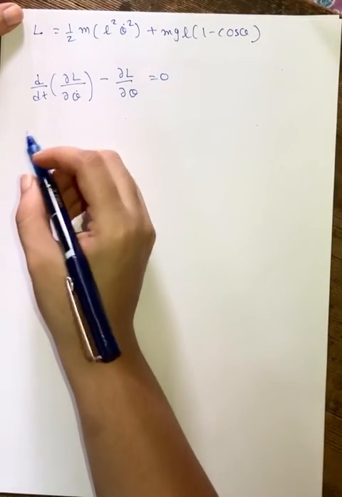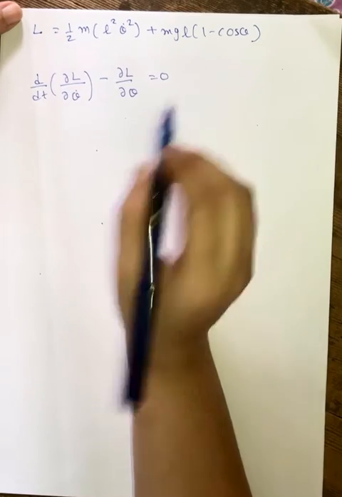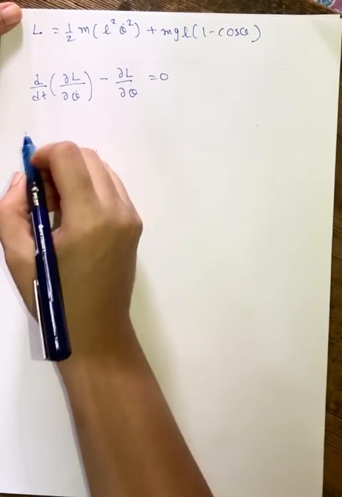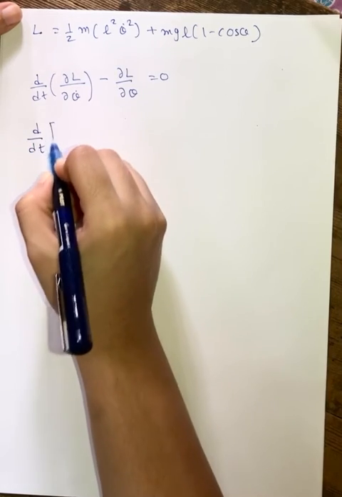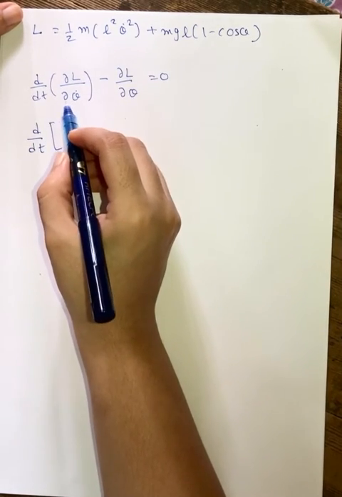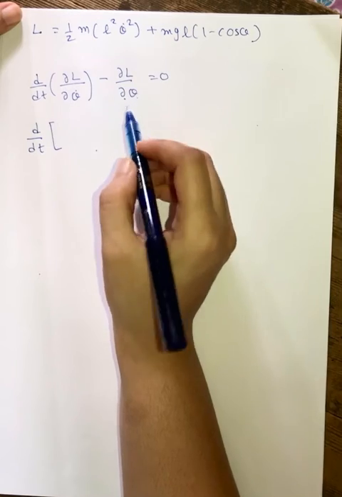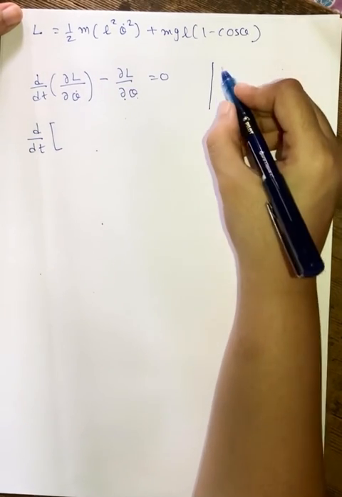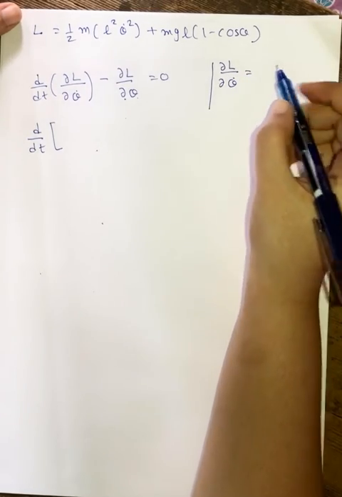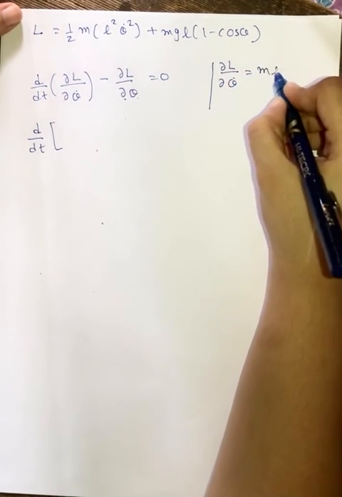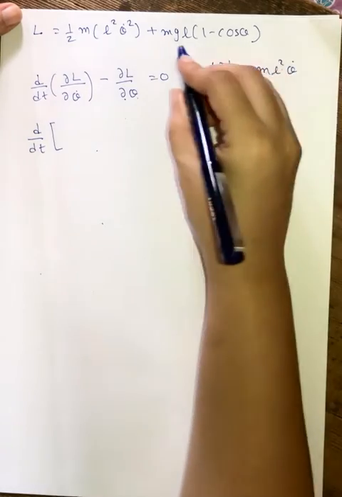Let me find these separately so you don't get confused. Del L by del theta dot is equal to m L square theta dot, and there is no other term.